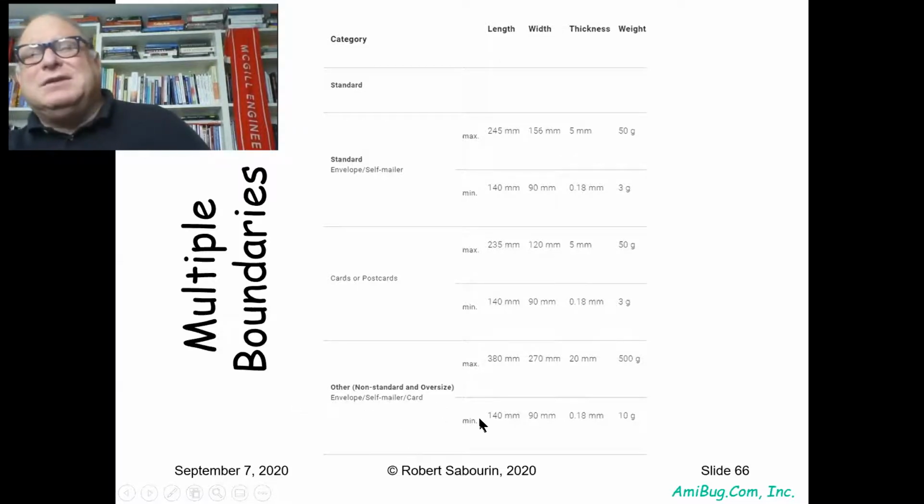And if you take a look at this, the minimum length for non-standard is the same as the minimum length for standard. The minimum width for non-standard is the same as the minimum width for standard. The minimum thickness for non-standard is the same as the minimum thickness for standard. But the minimum weight for non-standard is different from the minimum weight for standard.